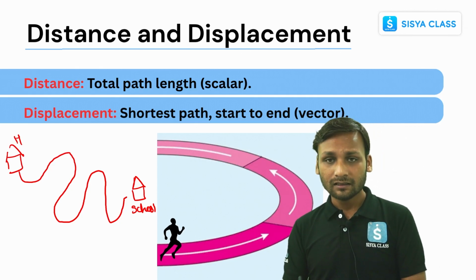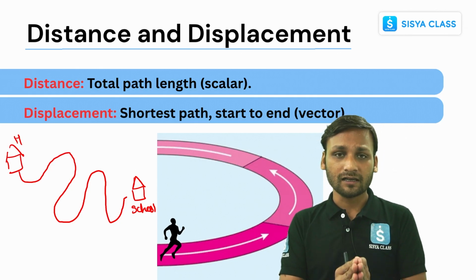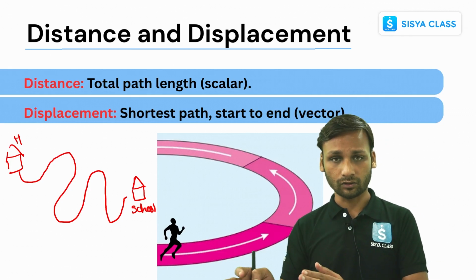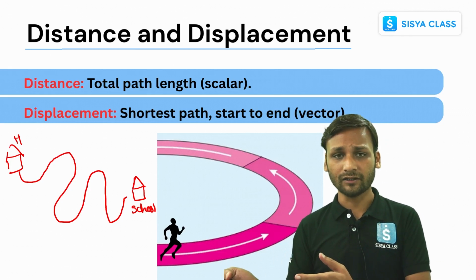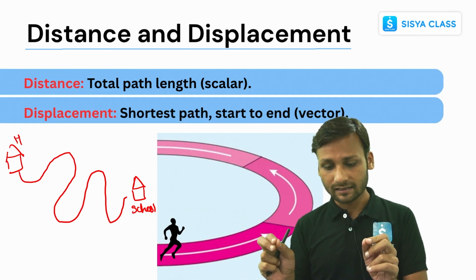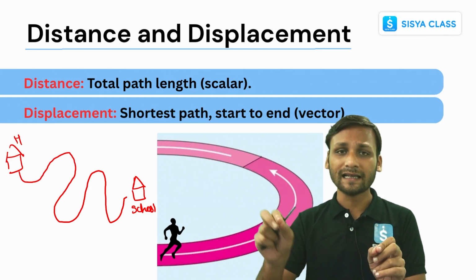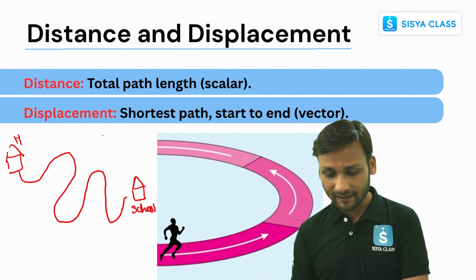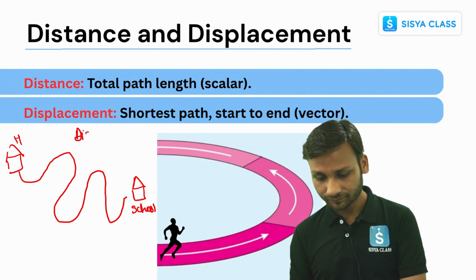So if the person asks you how much you have traveled, then you will say 500 meters along the road, along the path that you have traveled. So the total distance you have covered along the path, or the total length of the path, is called distance. So in this case, your distance is 500 meters.